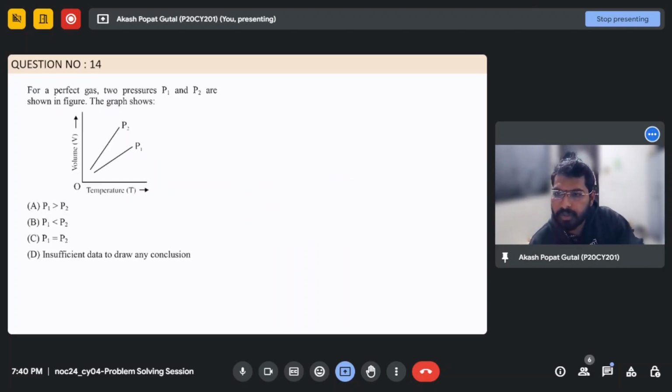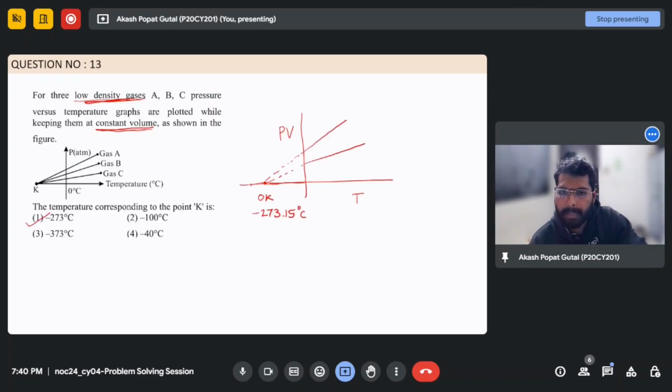So the next question is, for a perfect gas, two pressures P1 and P2. Because the volume is constant, as given in the question, this P versus T graph also gives you the same results as we discussed here.